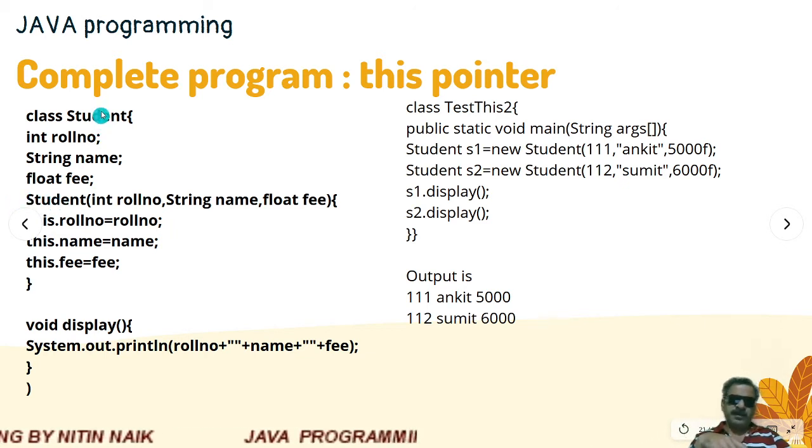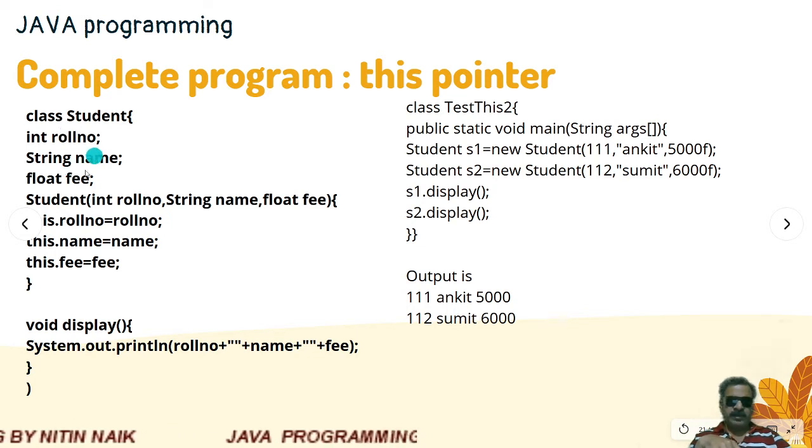The function name is the same as your class name and there are 3 parameters. So this dot roll number is equal to roll number, this dot name is equal to name, this dot fee is equal to fee. Now what does this indicate? This indicates the current class instance.